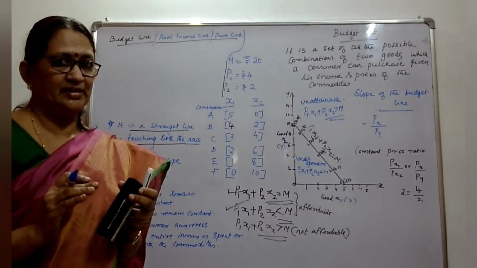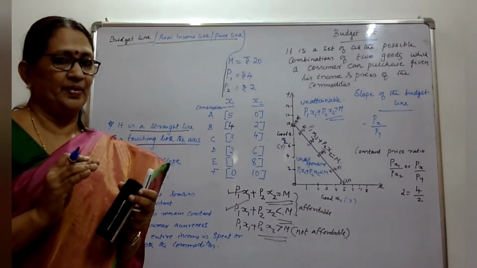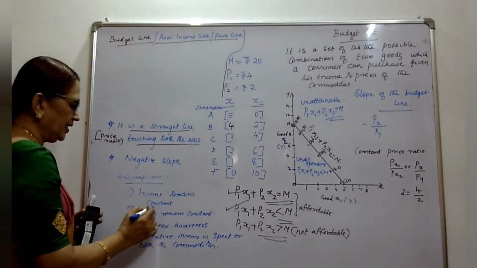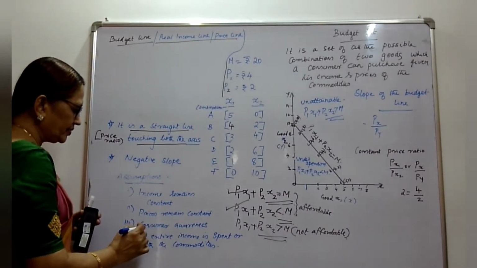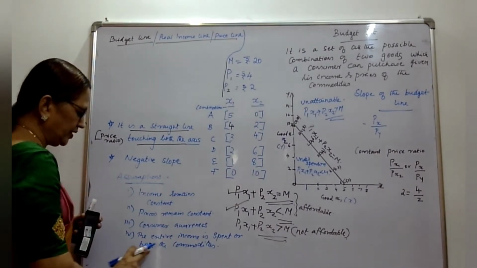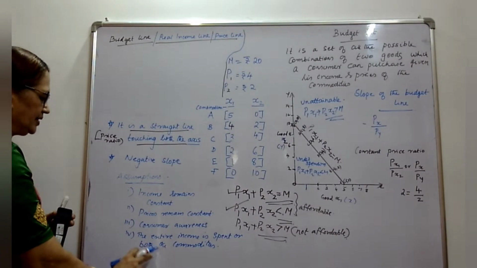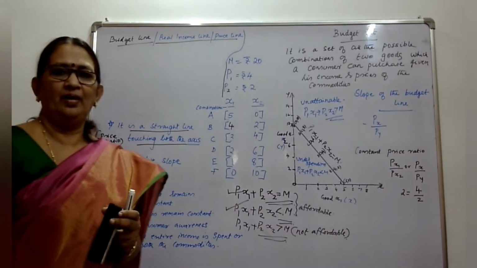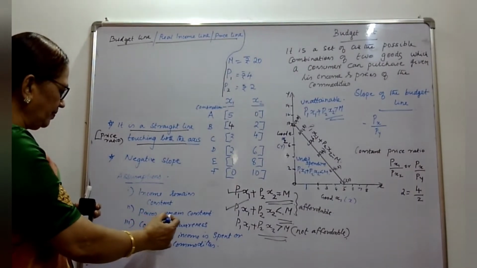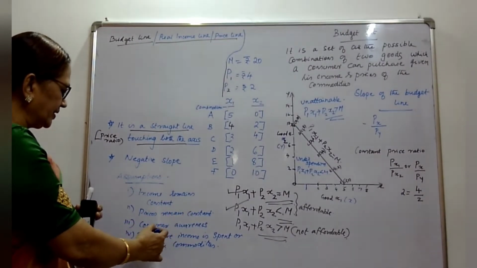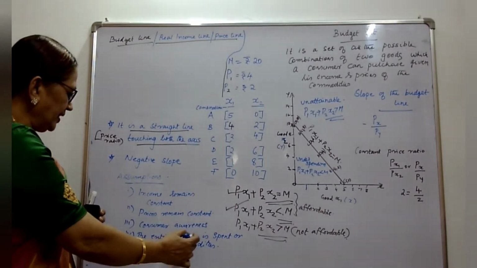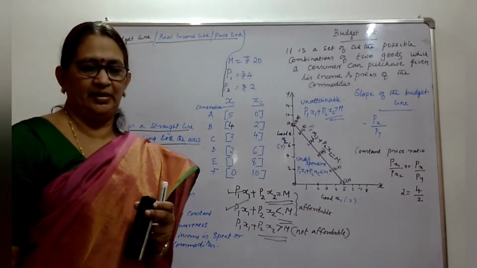And the assumption is that the prices of the commodities and income of the consumer remain constant. The consumer is aware of the prices and the entire income is spent on both the commodities. These are the 4 assumptions of the budget line: income remains constant, prices of the commodities remain constant, consumer awareness of prices and market situation, and entire income is spent on both the commodities.